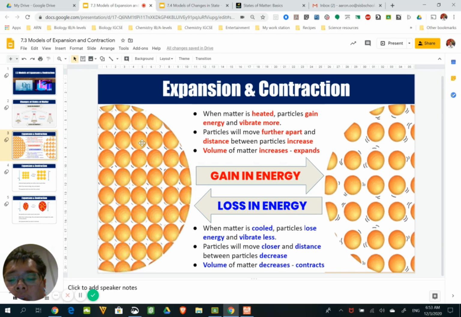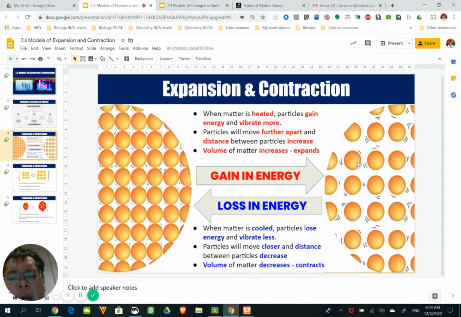They will move further apart, and you notice that the distance between particles will increase. Once energy has been gained, look over here: there's a much bigger space and less contact as compared to the diagram over here. So how does expansion occur?